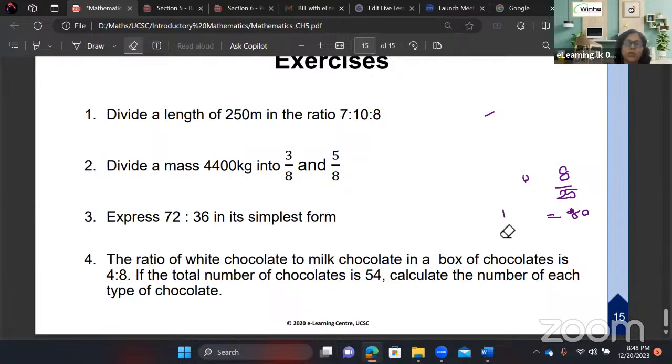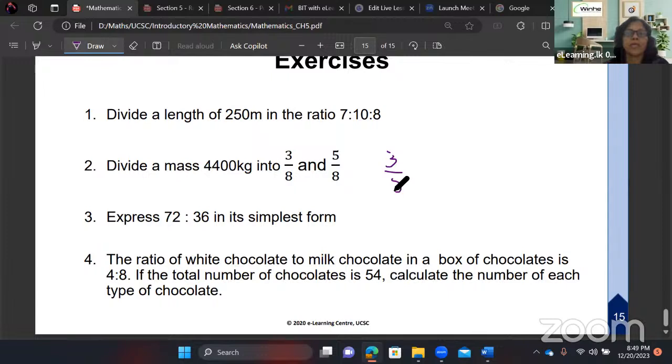Now the total parts are known and the ratio is given. The ratio is given as a fraction. When the ratio is given as a fraction, you can easily find it. Divide 4,400 kilograms in the ratio 3 out of 8. So if we divide this into 8 parts, what is 3 equivalent to? How do you find it?